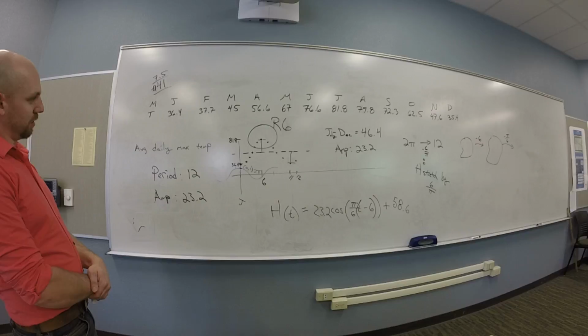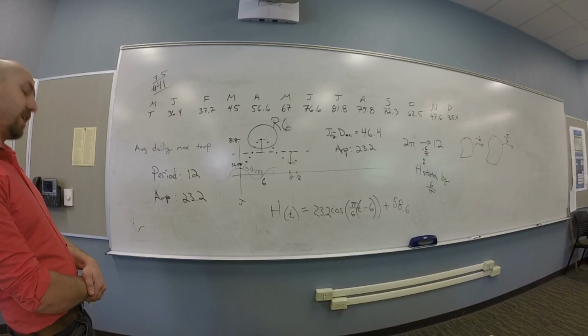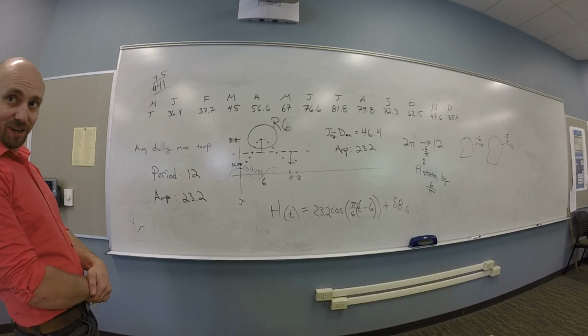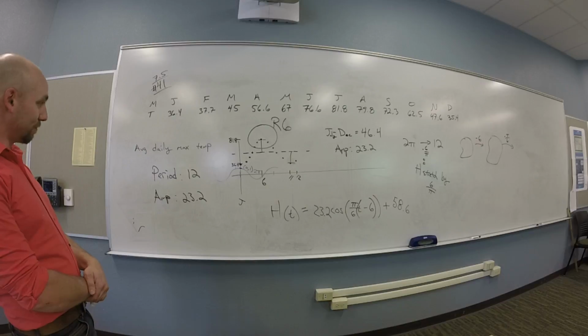Maybe the period is 11, not 12? That would be weird. I should have just said hooray and moved on instead of checking another one, right? So what happened? My period should be 12 months.